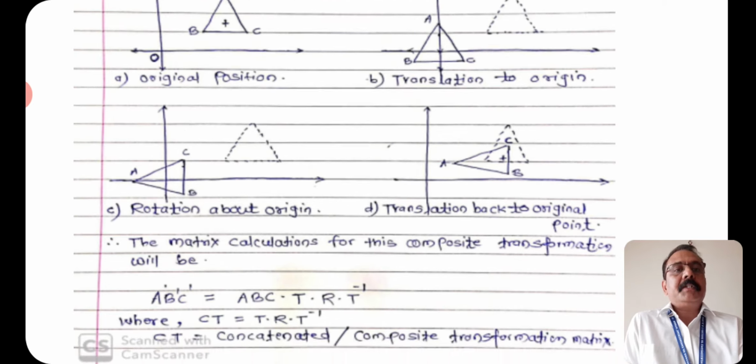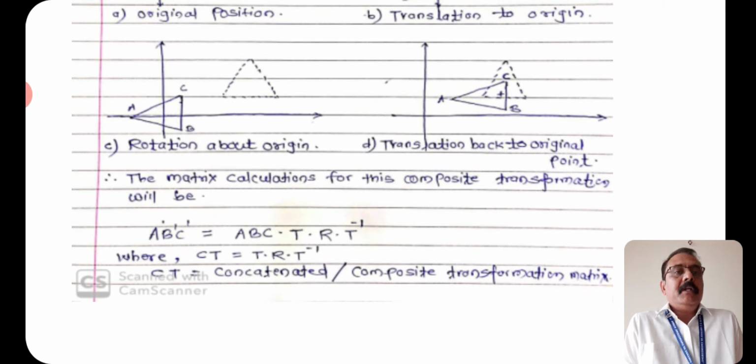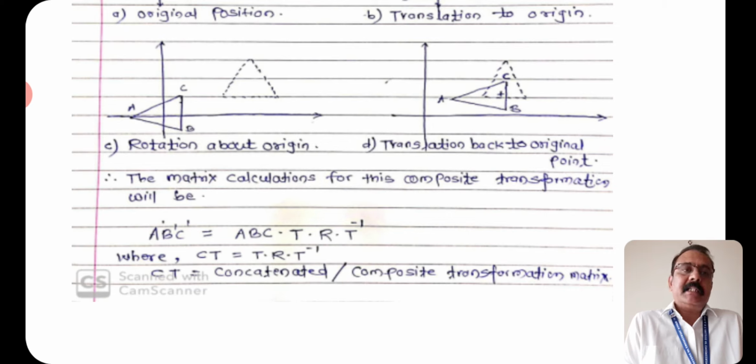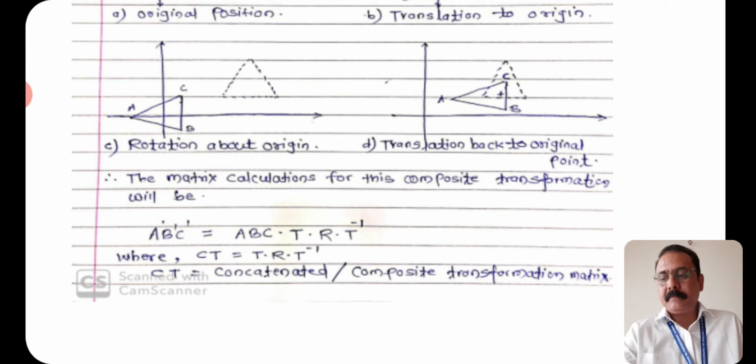The matrix calculation for this composite transformation: the new position of triangle A dash B dash C dash is equal to the original position ABC into the first transformation, translation T, into the second, rotation R, and third, T inverse. Now Ct is equal to T into R into T inverse, where Ct is the concatenated or composite transformation matrix.